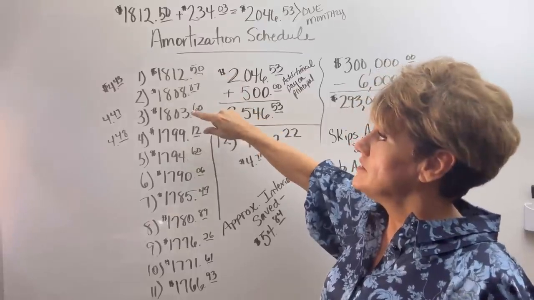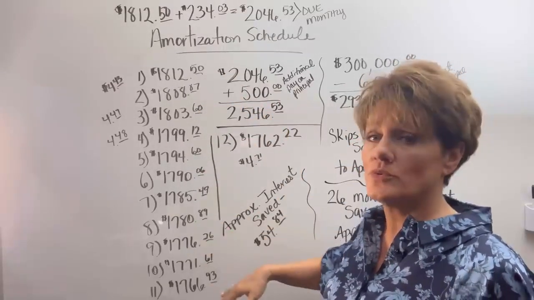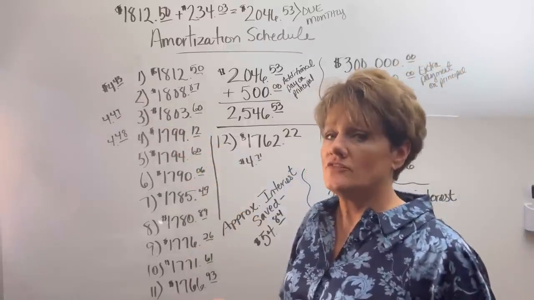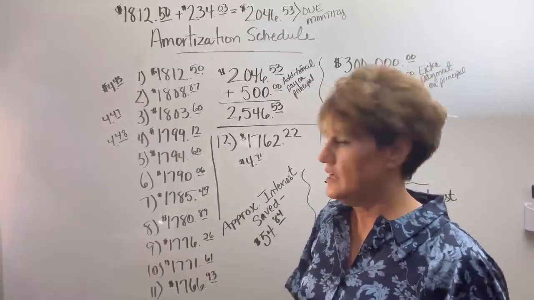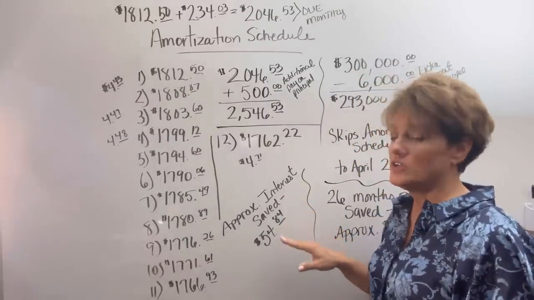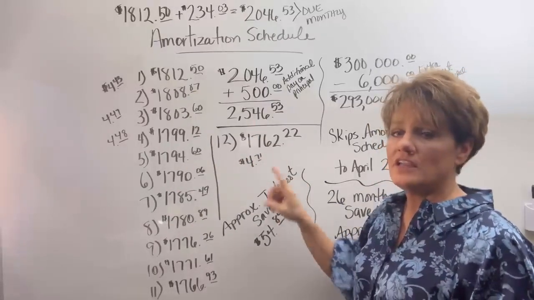But with the extra $500 going onto the principal every month for the first 12 months, you're reducing it by $4.43 in the first month. I hope that makes sense.